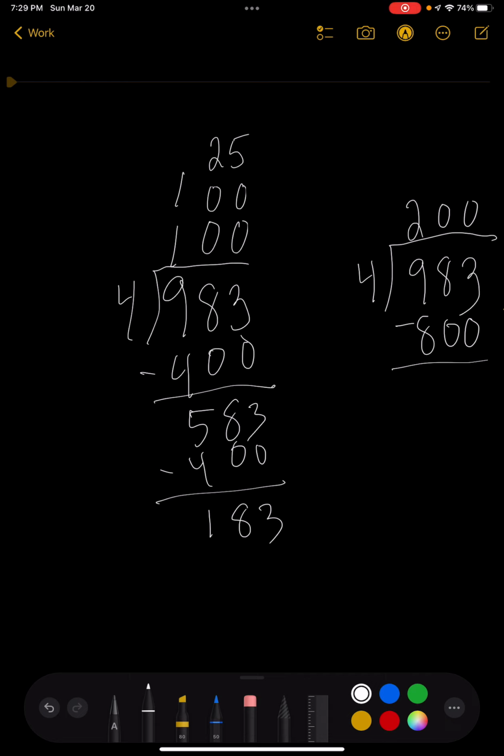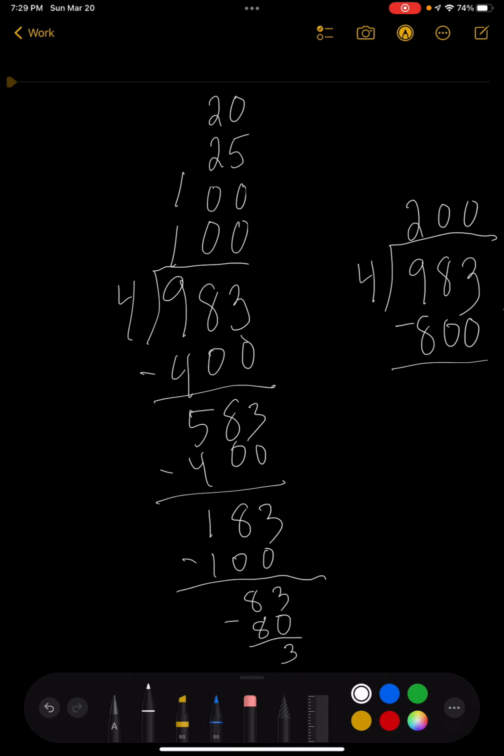So 4 sets of 25, and I'm going to have 100. What's left? 83 is left. Okay, well, that's not too bad because 83 is very close to 80. And if I count by 20s, 20, 40, 60, 80, 4 of them will be 80. That only leaves me with 3 left over.